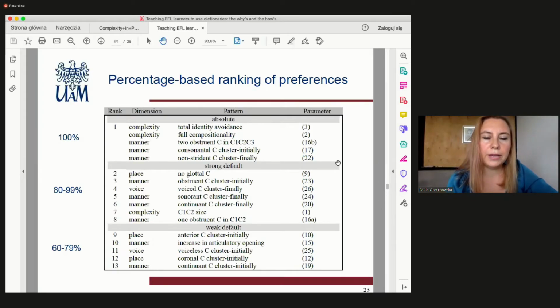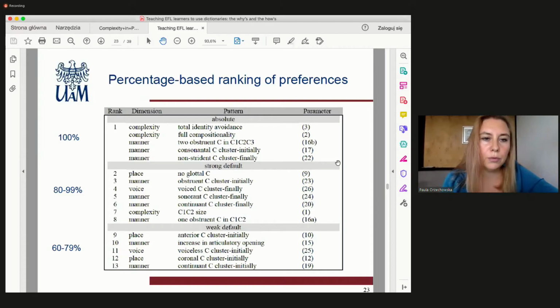For example, here is just a percentage-based ranking for English, again, for English onsets. You can see the rank, which is based on the percentages, then the dimension, so which aspect of phonology is critical for English onsets, and a particular pattern which was found.